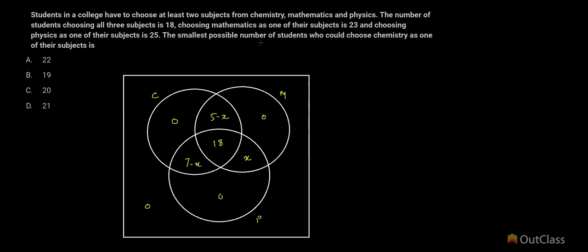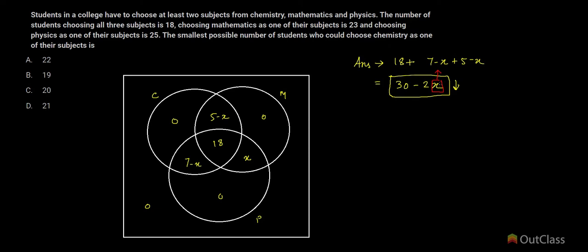Now the question is, smallest possible number of students who could choose chemistry. That expression would be 18 plus 7 minus x plus 5 minus x, which is 30 minus 2x. 30 minus 2x is what I need to minimize, which means I need to maximize x.